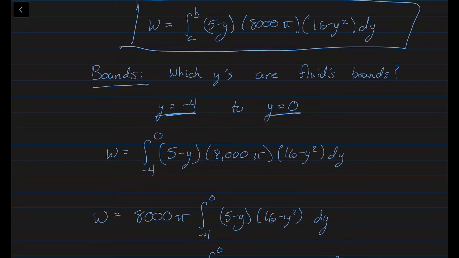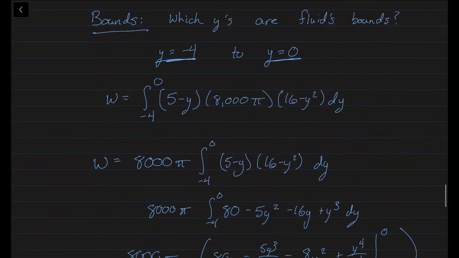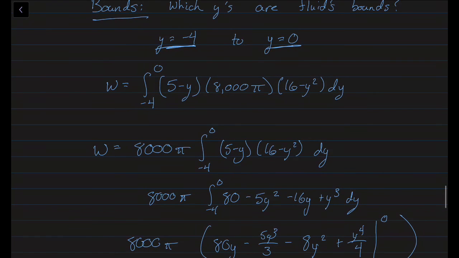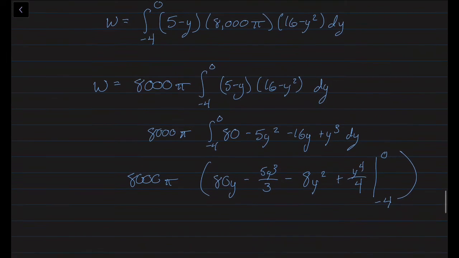So we can pull out that 8,000 pi because it's just a constant, and we have on the inside 5 minus y times 16 minus y squared. We can FOIL it out, and we get 8,000 pi after integration times 80y minus 5y cubed over 3 minus 8y squared plus y to the 4th over 4.